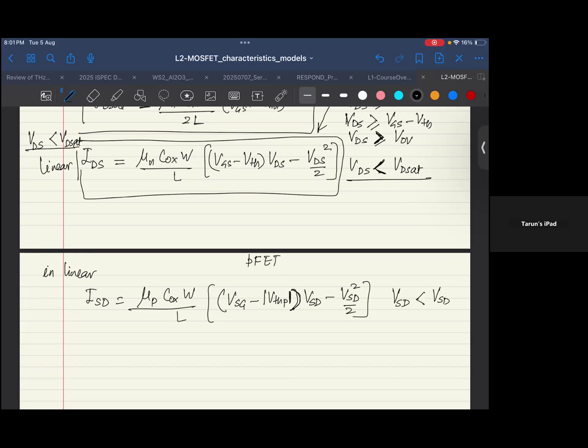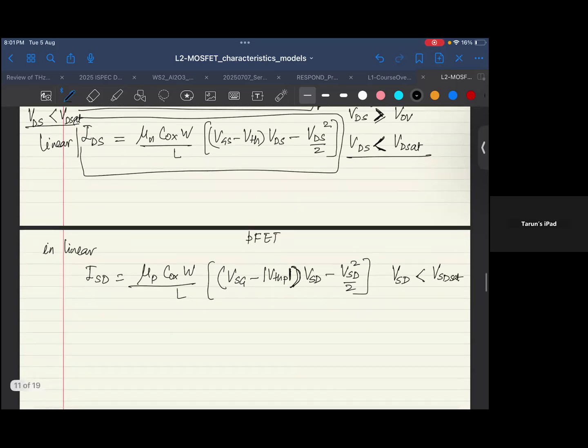You don't have to deal with the negative signs which appear if you were to take the source reference, like putting the gate first, right? So then this becomes saturation. You will see your current becomes W by L, and this has VSG minus mod of VTHP whole square.